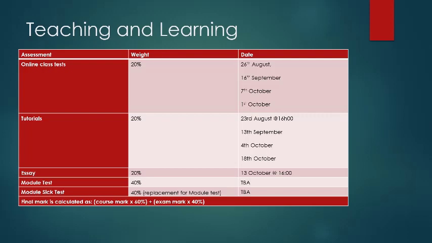Similarly, the 7th of October is the 9th week, so everything from week 1 to week 8 is available. And then the 1st of October is week 11. Everything from week 1 to week 10 is available. What does that include? That is all your class material, and all your tutorials in a sense can be tested in it. But every material or work done at that stage can be testable.